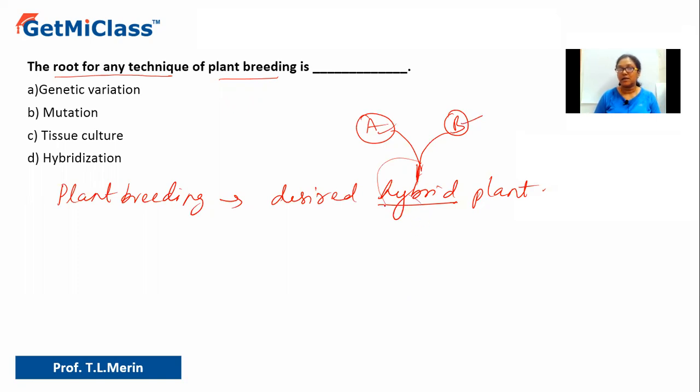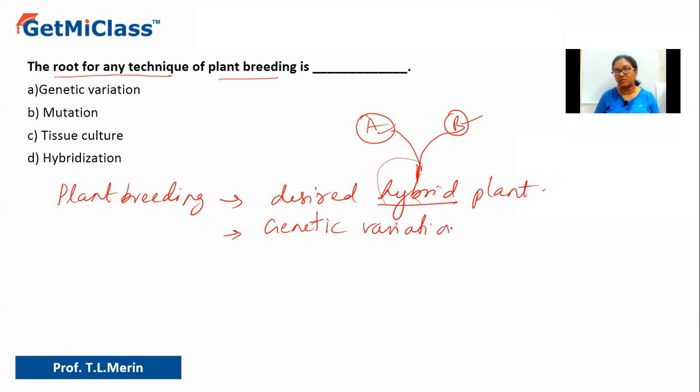So what has happened? There is a variation which has occurred. The genes which were here and which were here are brought together. And this plant becomes varied, or different from the two parental plants, because it has both the characteristics. There you can see that it contains genetic variation.